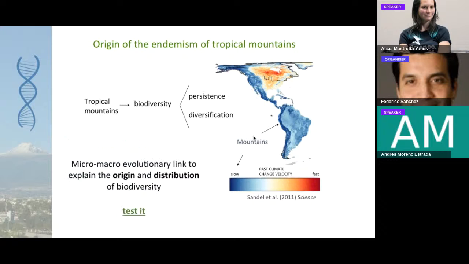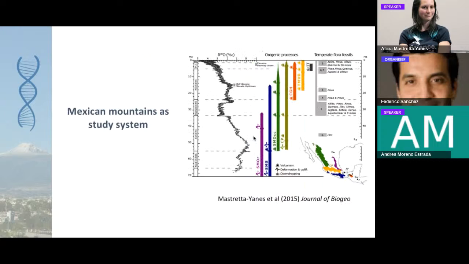So therefore, I decided to explain the origin and distribution of biodiversity by looking at this link between the micro and the macroevolutionary processes, and to test it. I use Mexican mountains as a study system because they are great: they are mountains, they are tropical, and they are in my beloved country.